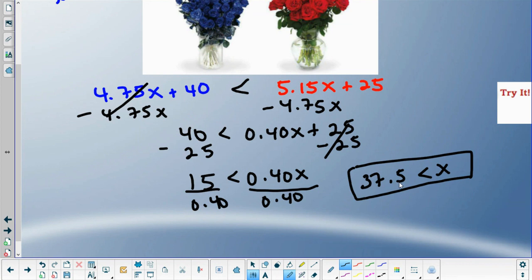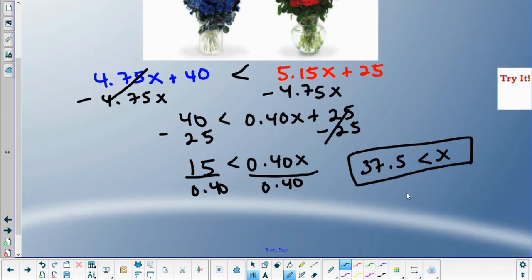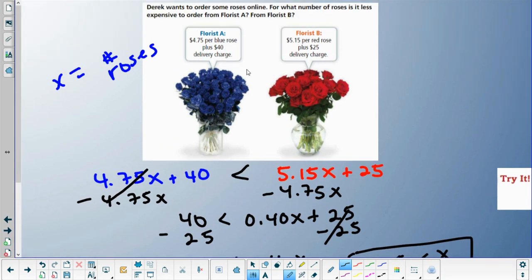So to answer that question, if he plans to buy less than 37, it's going to be cheaper for florist B. If he chooses to buy more than 37, or actually 38, it's going to be less expensive for the other florist. Let's put it this way: if it's less than 37, he should go with B. If it's more than 38, you should go with A.